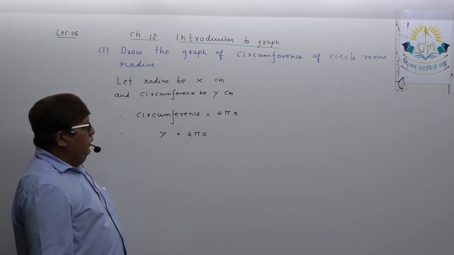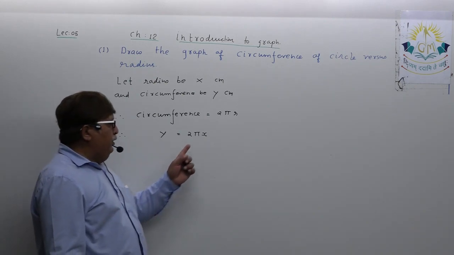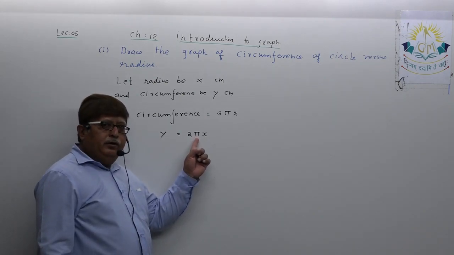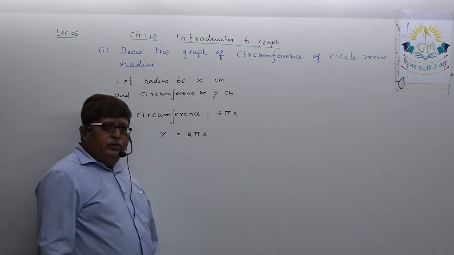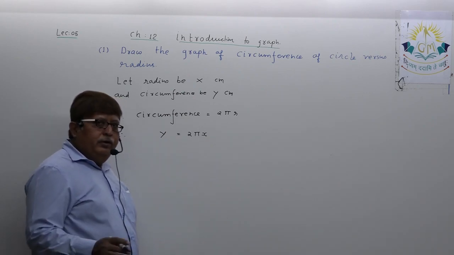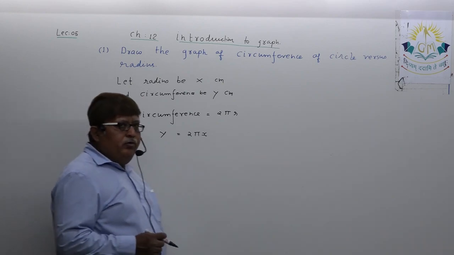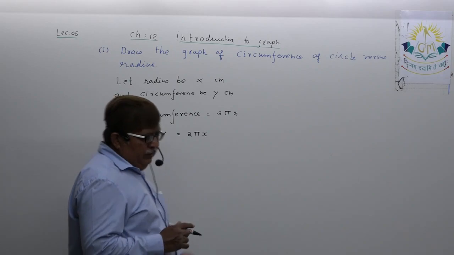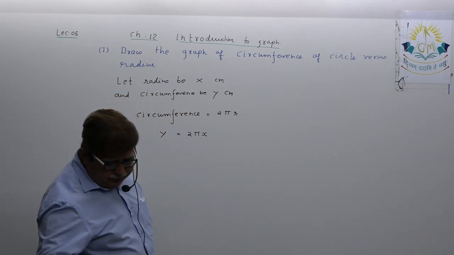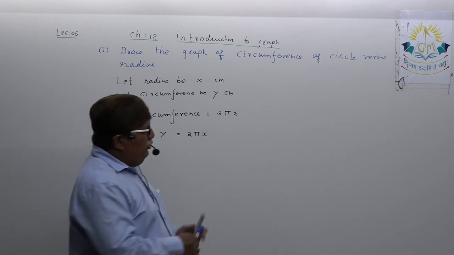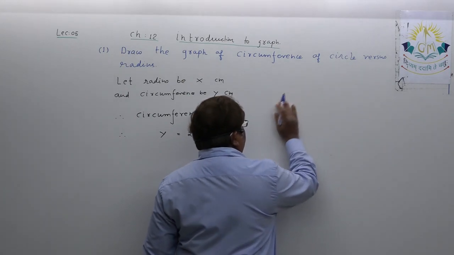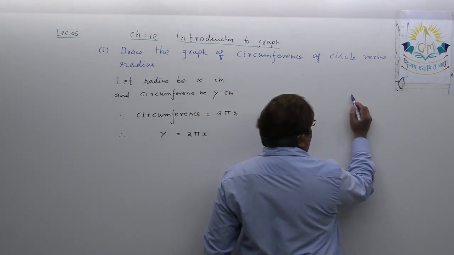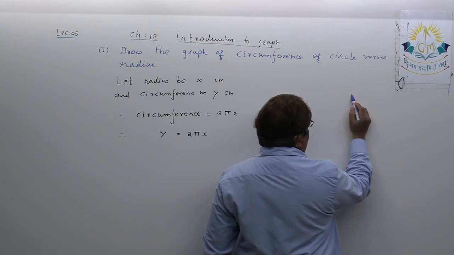You need to understand an important thing here. In the linear equation there is pi, and the value of pi you all know, 22 upon 7. Try to understand how to prepare the observation table. Please concentrate, I am preparing the observation table here.